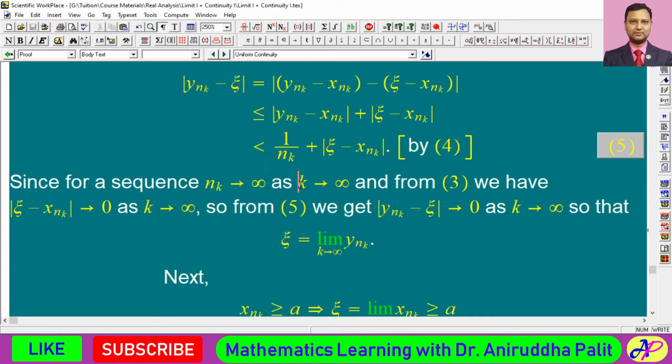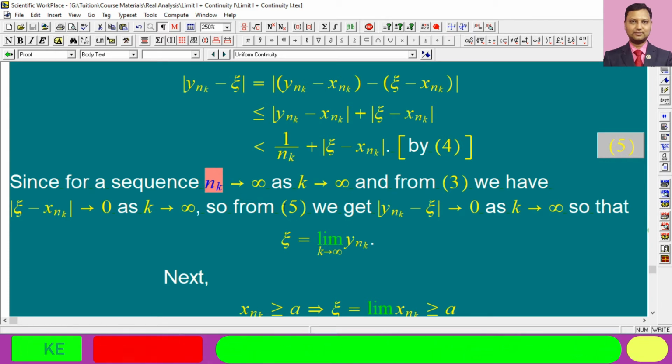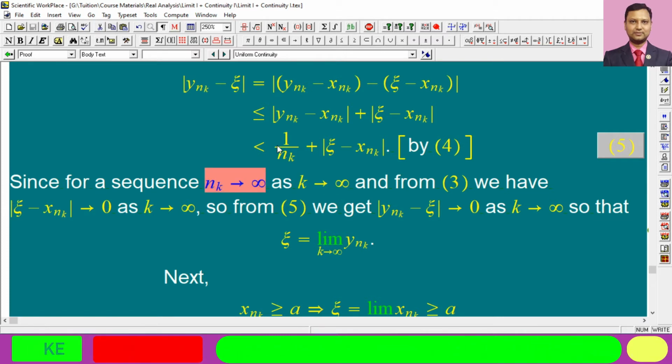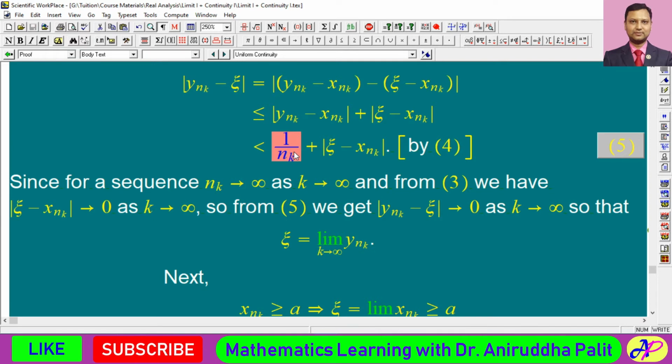In fact, the nk are all monotone increasing; for higher values of k, the value of nk increases. So as k tends to infinity, nk tends to infinity, and so 1 by nk should tend to 0.